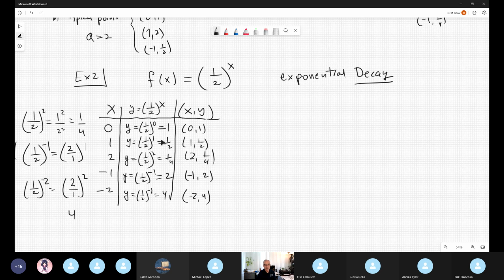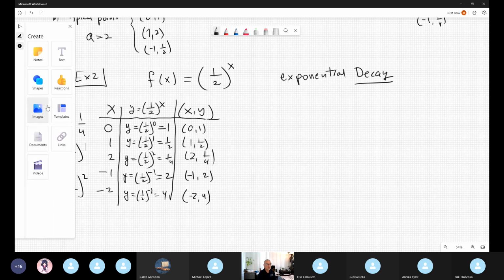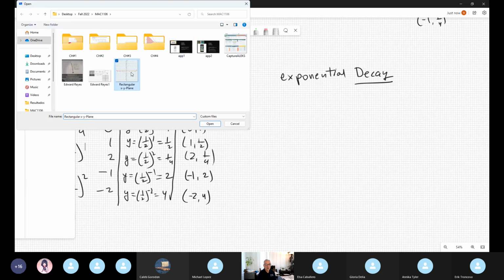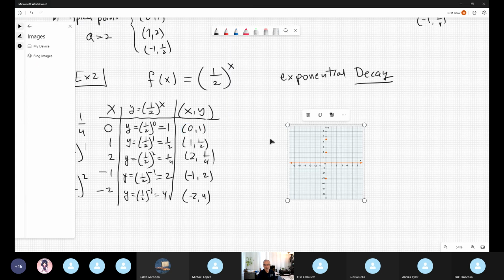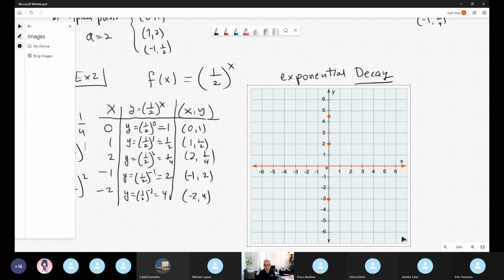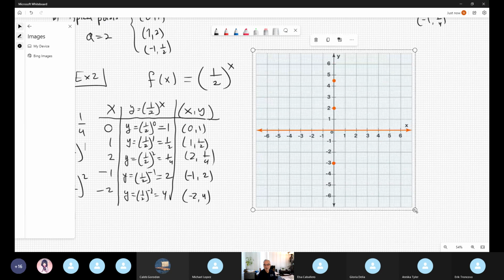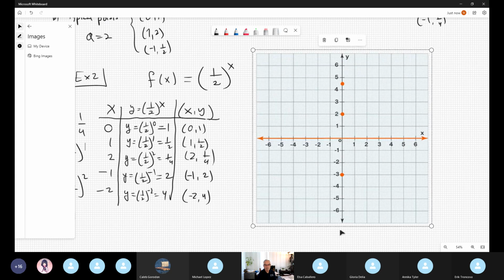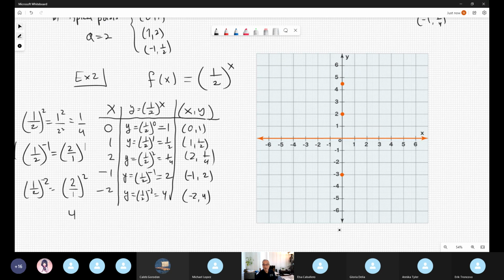Okay, let's do the exponential decay and the interpretation of this. Okay, look at that. I plot the first point, which is universal. 0,1, this guy.